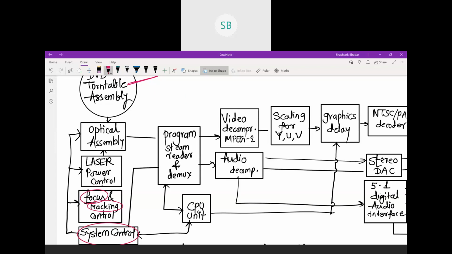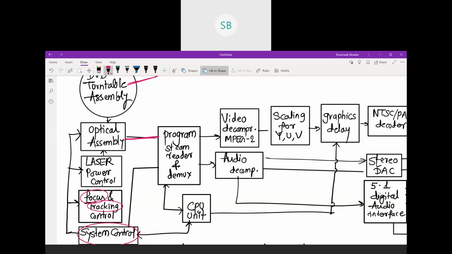Through this optical assembly we are connecting this block to the program stream reader and demux. At the time of recording we multiplex the data, but at the time of playback you have to demultiplex the data, because you cannot play the sound on the display, or display the information on your speaker.